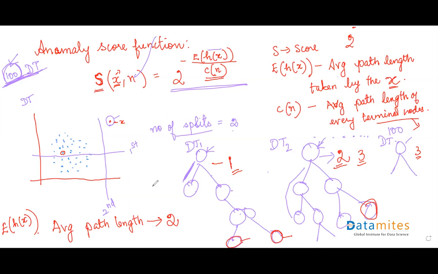Okay, is it clear? So based on the score only, it is going to decide which point is an outlier.